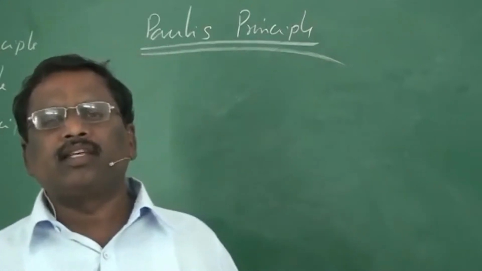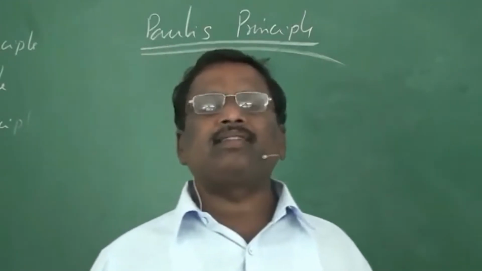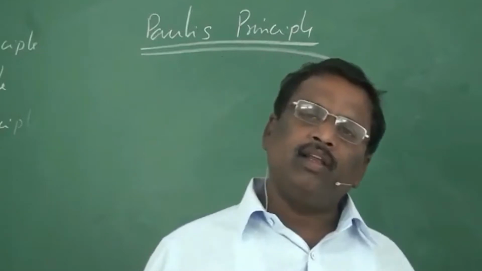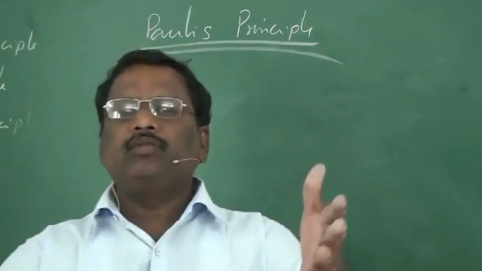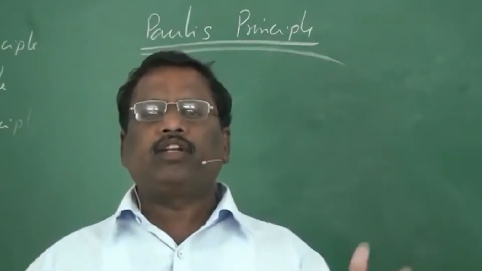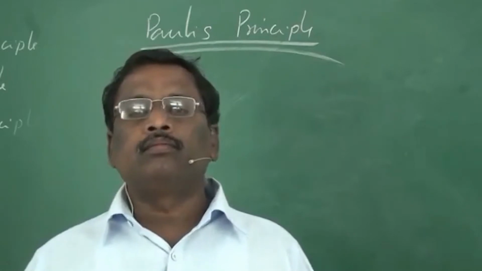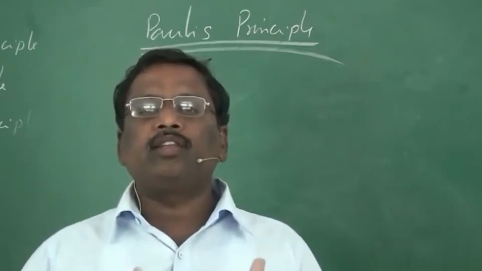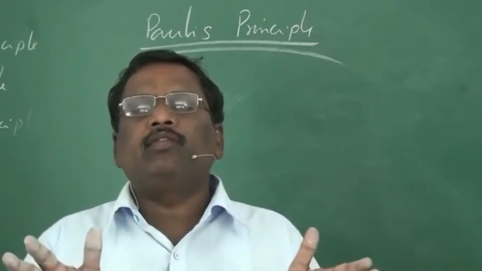These quantum numbers are just like our address. Suppose in your class, there are 40 students. No 2 students will have the same address. Because in your address, what are the details that are given?